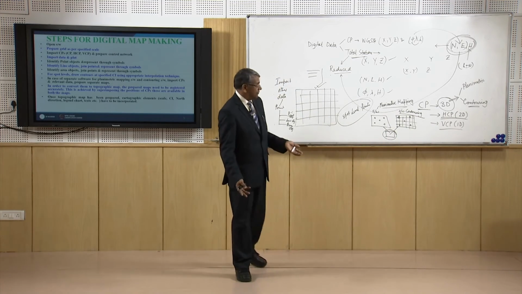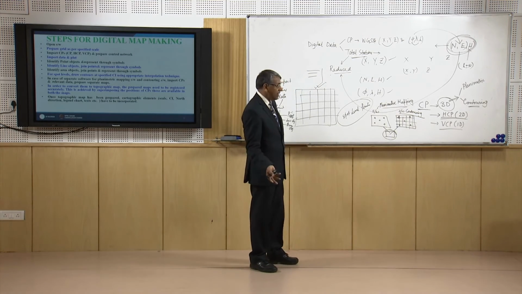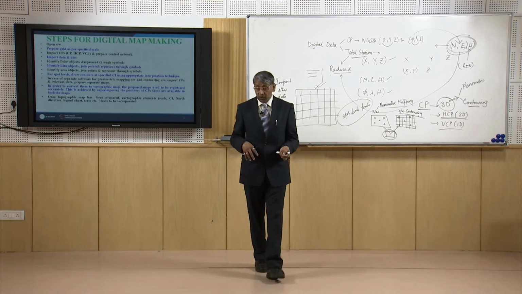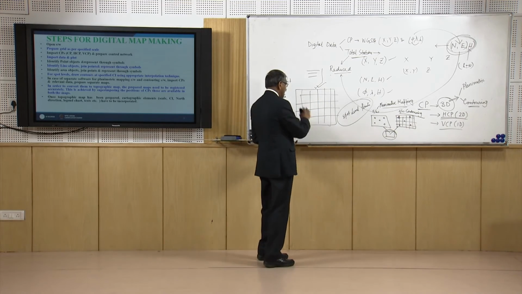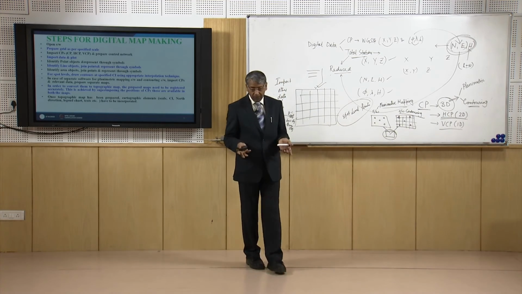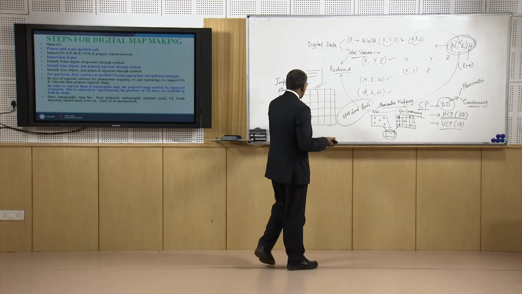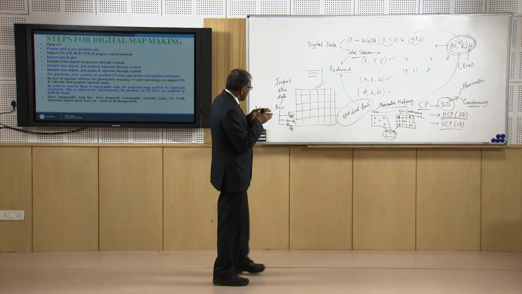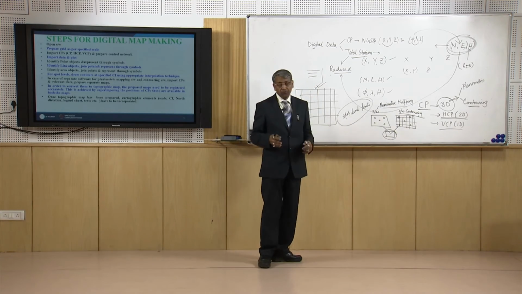It may be that if there is missing data, then we have to collect the data and incorporate it. If there is a missing during plotting, then we have to plot it. If there is a missing in identification, then we have to identify properly. So, there may be different reasons why this map is not matching with the field.